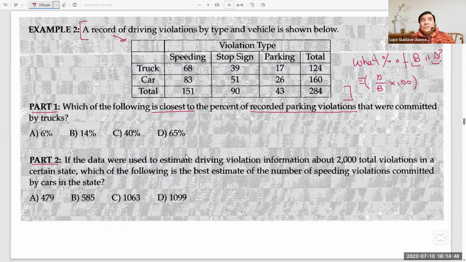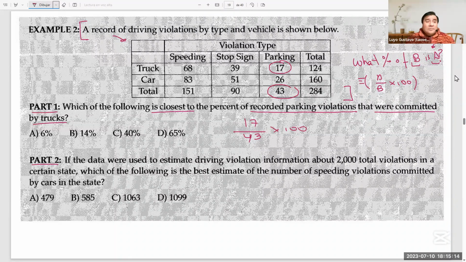In the table, the total parking violations is 43. So this is our denominator. Then those committed by trucks, that is our A quantity, right? Parking violations committed by trucks are 17. So 17 over 43 times 100.